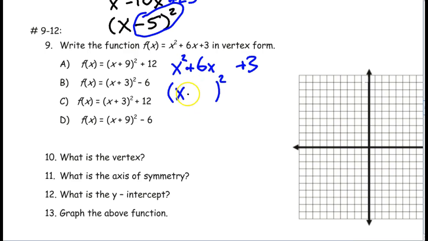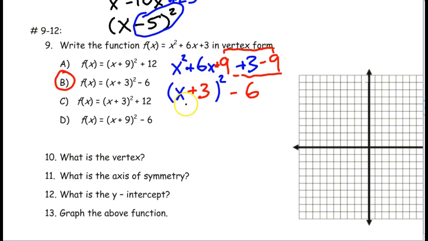So we'll take half of 6, which is 3. Right. That's going to cause us to add 9. Right? Because 3 squared, the 3 we just added, is going to be 9. And to balance that out, we're also going to subtract 9. Right? So these will always match. One's going to be positive, one's negative. And then 3 minus 9 will equal a -6. And you can see that answer right here.